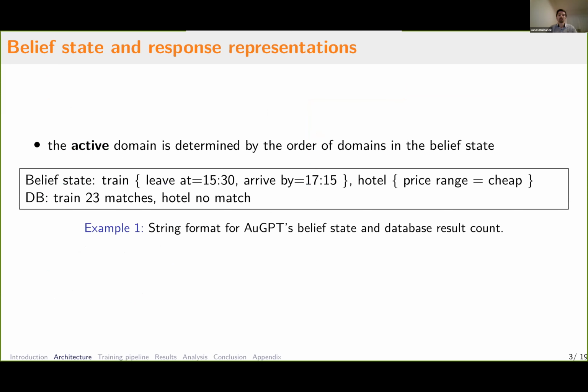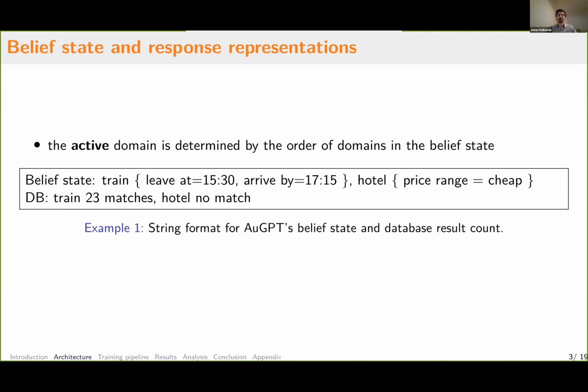Now let me talk about the representation of the belief state. Here, the representation is a JSON-like structure where here is the domain and then the slots and values for each domain. And these slots do not correspond exactly to the MultiWOZ ones, as you can see. We replaced the underscores and these tokens by spaces to make it seem more natural.